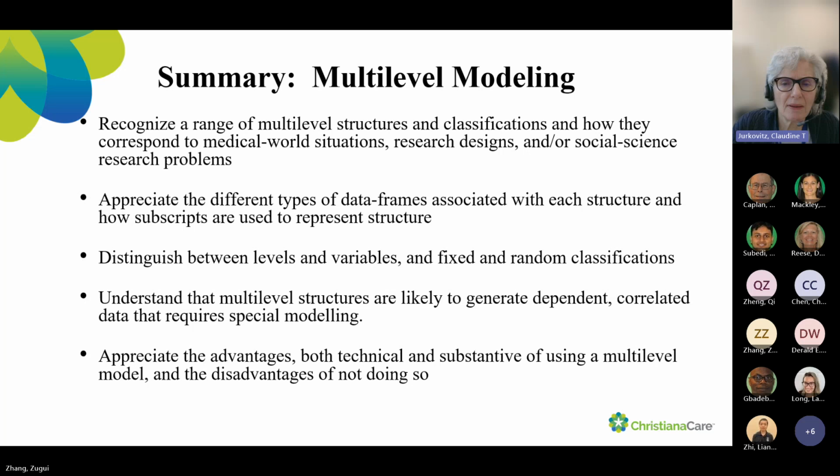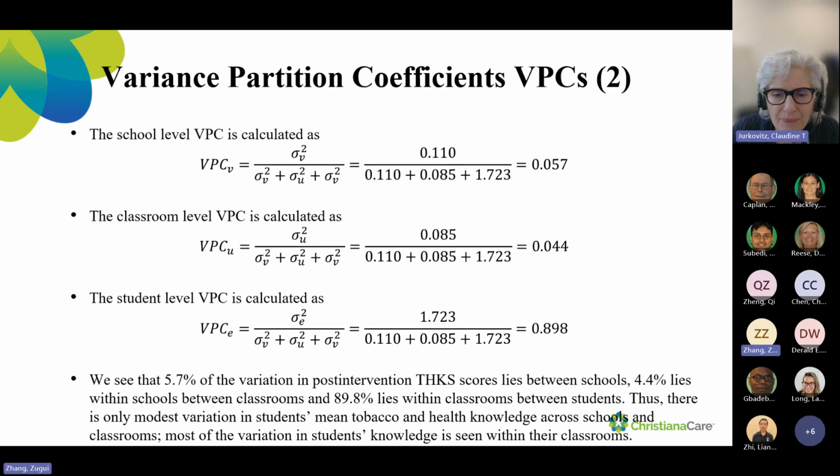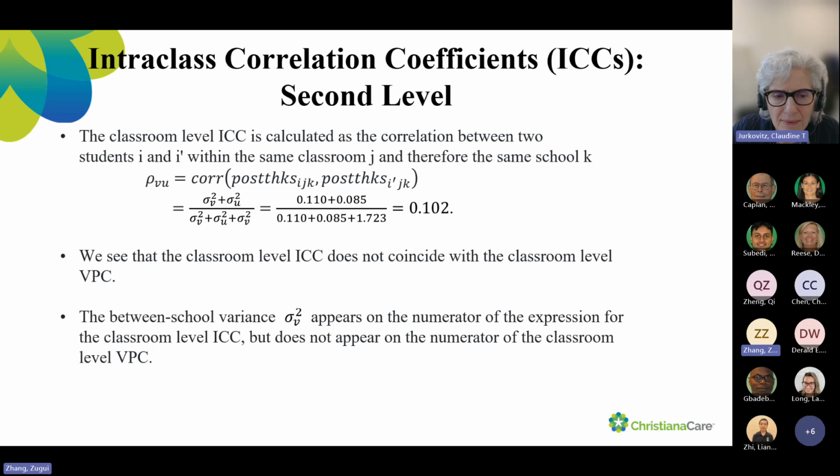I see. And so you described the VPC and you said that you needed to do both the VPC and the ICC. But if they are different, how do you summarize? This is very important. Say this ICC is for school, and this ICC is for classroom.